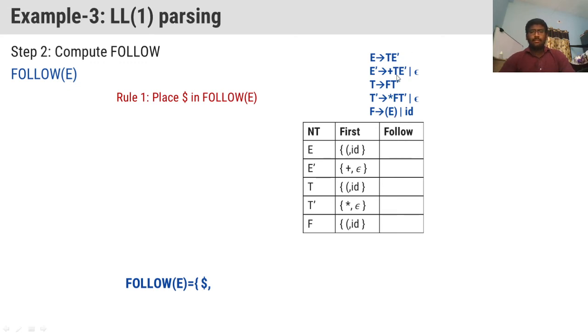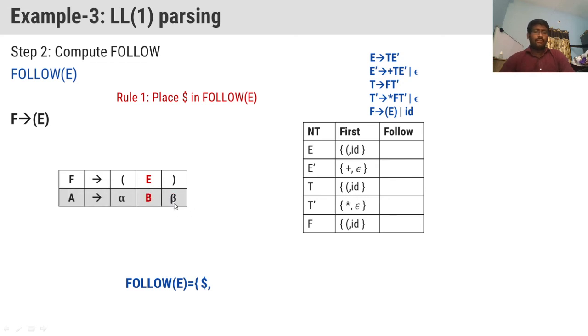Yes, capital E is present here on the right hand side, and capital E is followed by the right parenthesis. This is the production where E is present: F derives capital E within parentheses, so E is followed by a right parenthesis.